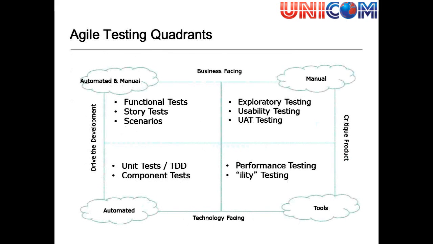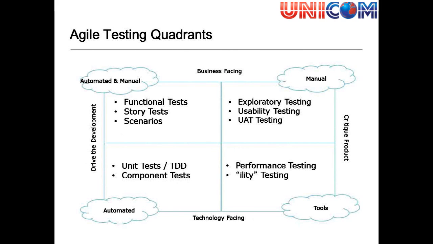So when planning an Agile project, I do like to use these testing quadrants. I find these quite useful, and you can look at these different boxes and fill in and think about, well, what is our strategy here? What is it that we will be doing? What kind of tests will we be creating for this particular project?